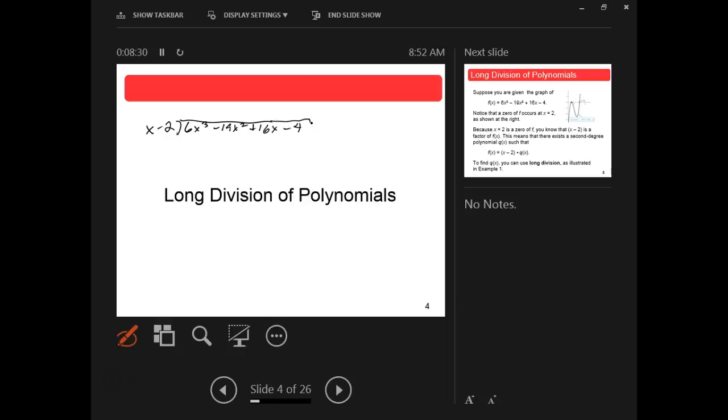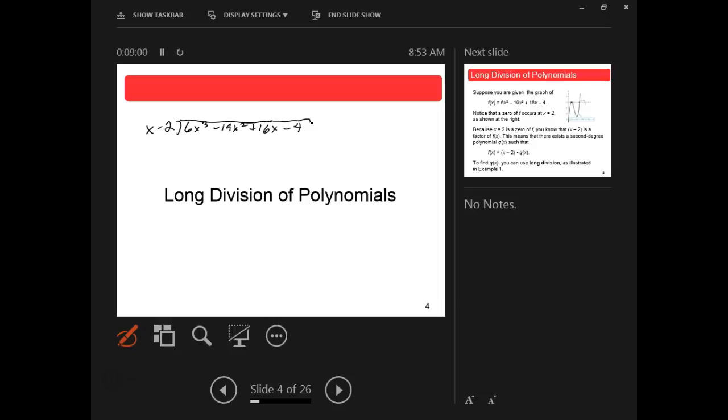Okay, so it is in decreasing order. The other thing is that you're not missing any terms. Every term's accounted for. If this went 4, 2, 1, 0, you'd have to put a 0x cubed in there. You always have to account for every term in the polynomial. Okay? So, we've got them.